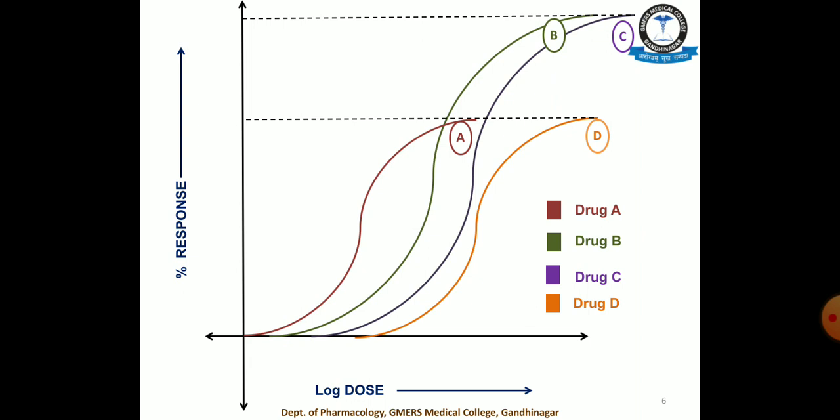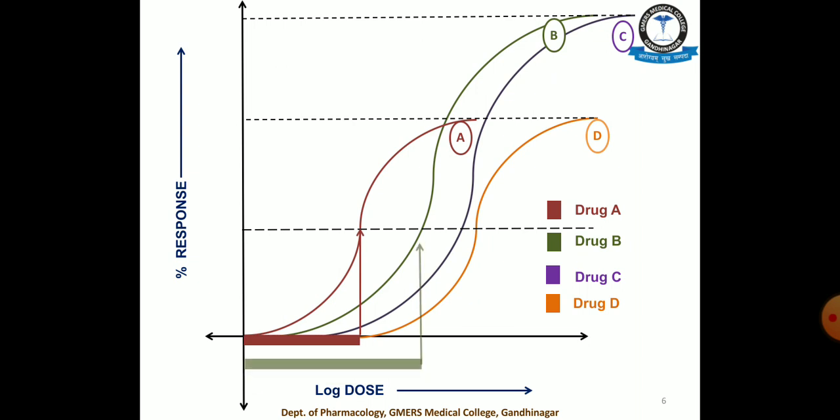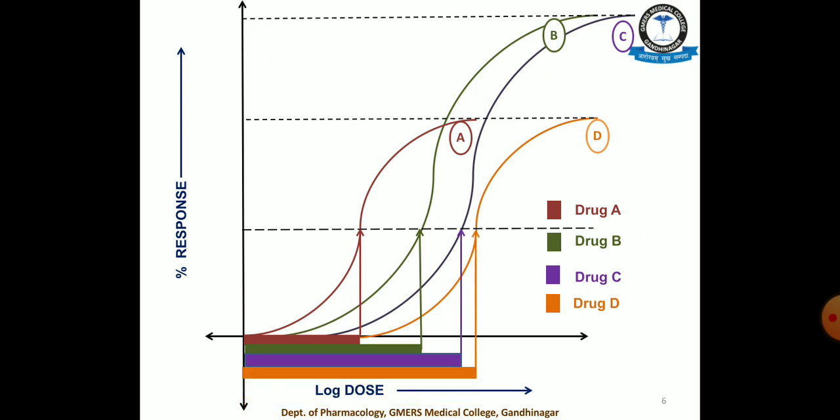Now for the potency, we define a particular response, and for producing this response, the required amount of drug A is this, drug B is this, drug C is this, and drug D is this. So you can see that the response is fixed. For producing a certain response, the requirement of drug A is least.